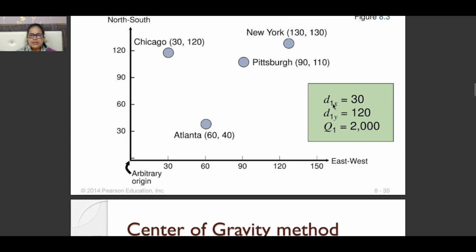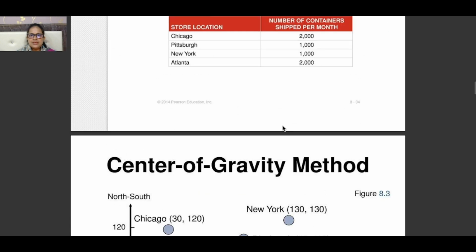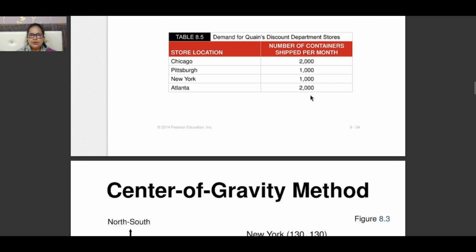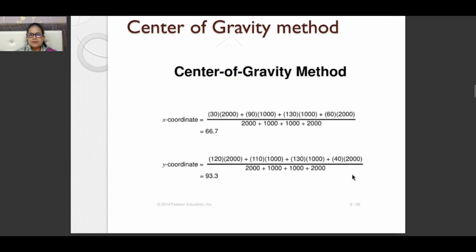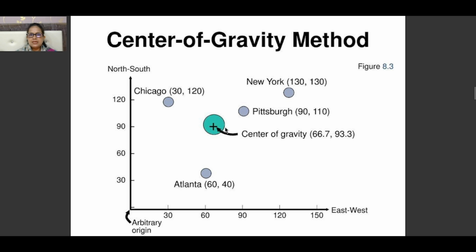If we go for finding with the quantities, the 30 and 120, we get the X bar and Y bar. Here the X coordinate is 66.7 and the Y coordinate is 93.3. So we can see this is our central position.